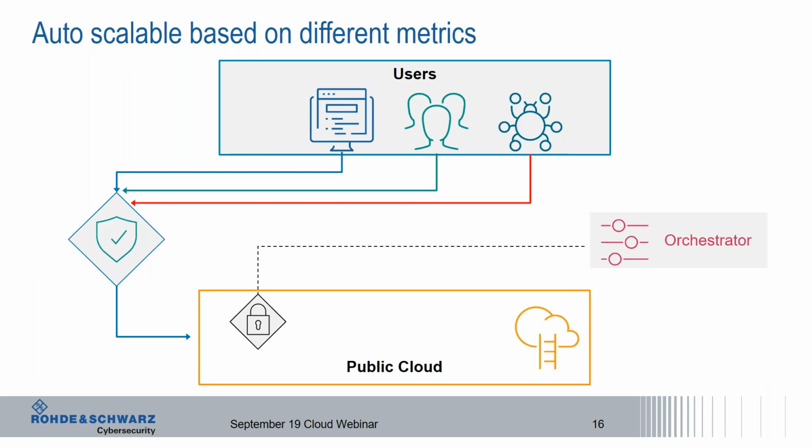So here is a schema to give another example of how it works in a public cloud. You have different users: browsers, real humans, and on the right, a robot, for example, that will connect to your backend and so to our WAF. When you have a peak of traffic and the orchestrator sees that the CPU usage is becoming high on one WAF instance, it is able to create another WAF automatically with, for example, the Terraform templates that Rohde & Schwarz provides.